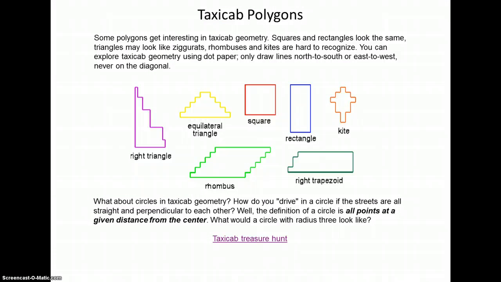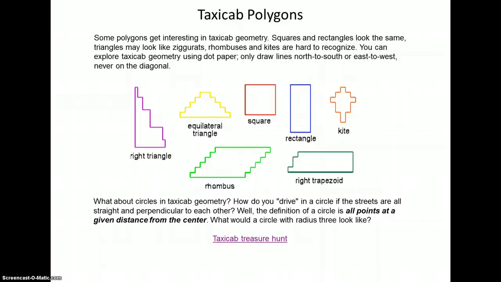When we draw polygons in taxicab, sometimes they look the same, like a square and a rectangle, which are already oriented with north, south, and east, west sides. But when we try to draw any kind of a shape that has a slanted or diagonal side, then we have to do the zigzagging to stay on the road. Here's an example of a right triangle.